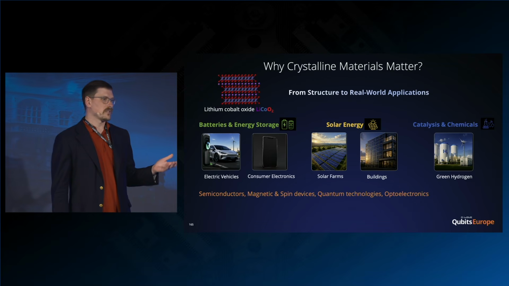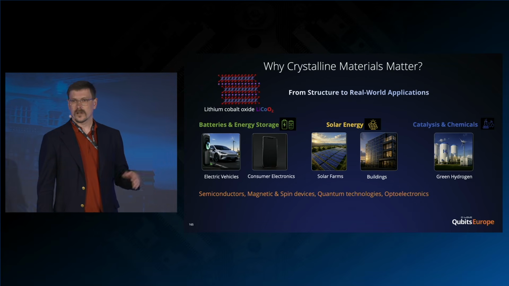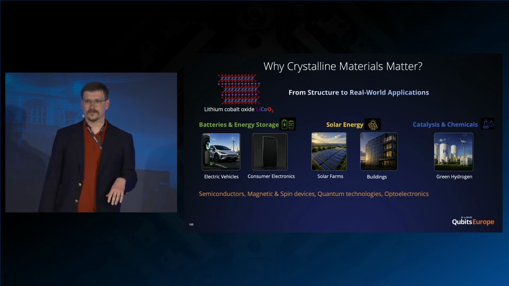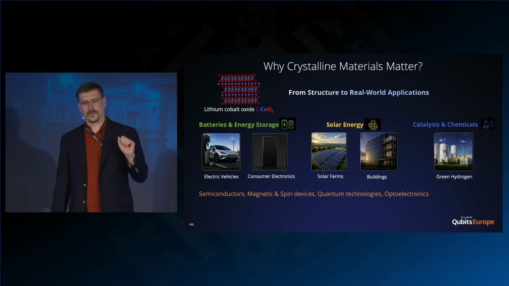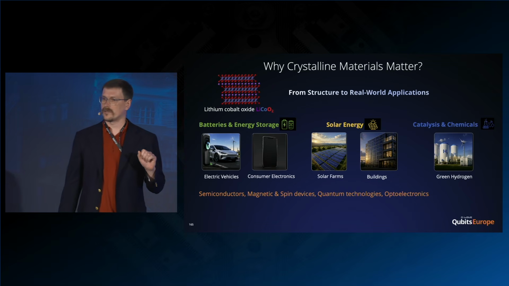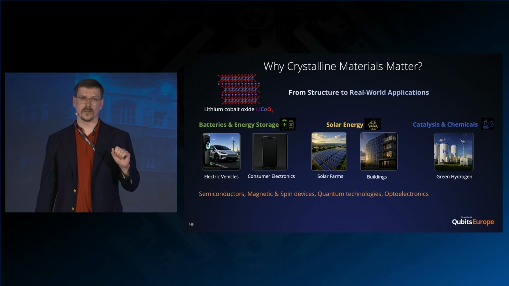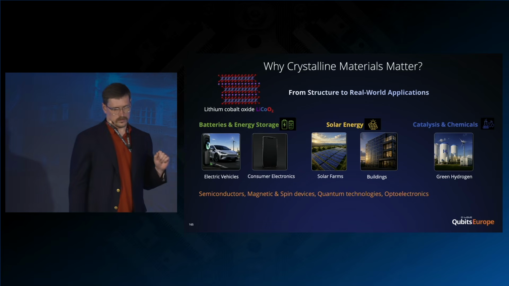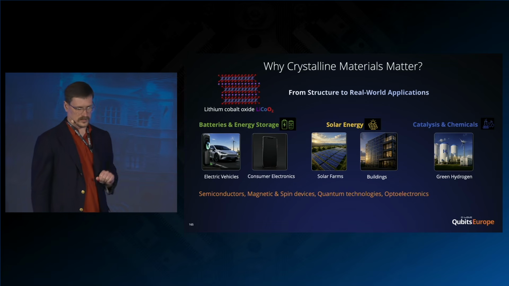Obviously, batteries are not only in the phones, they are also in cars and so on. But crystalline materials, their use cases go beyond that. They're very important for our oil-based economy. So, that's the old version of a slide, but okay.